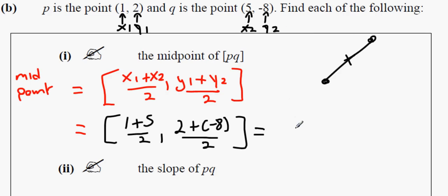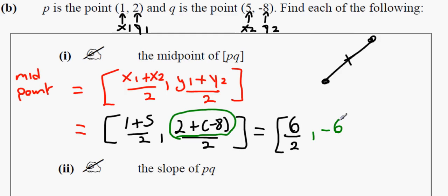We get 6 divided by 2. Put this part into your calculator exactly as it looks, and what you'll get is minus 6 divided by 2. And what you're going to get here is (3, -3). Okay, so that's going to be the midpoint, (3, -3).